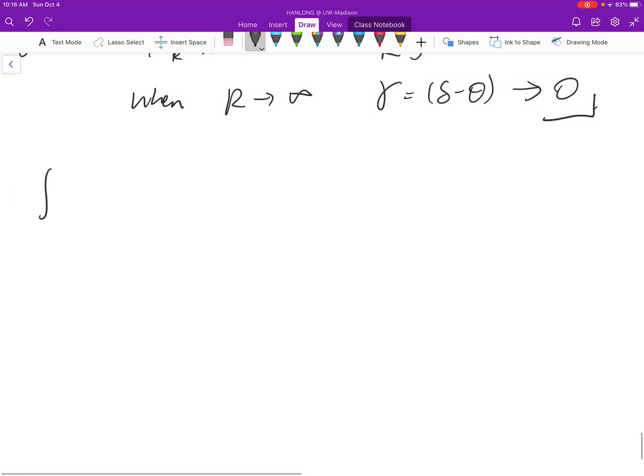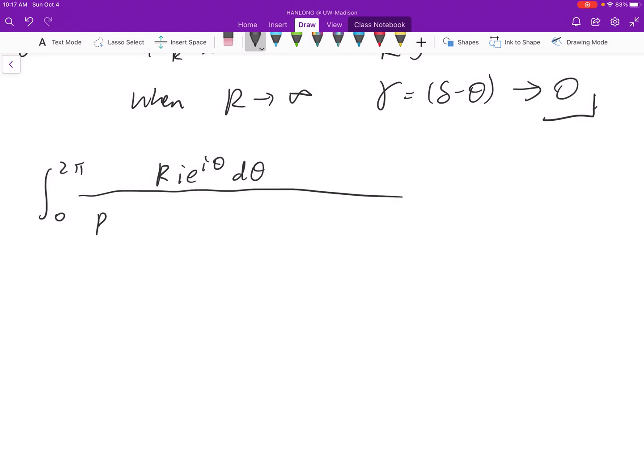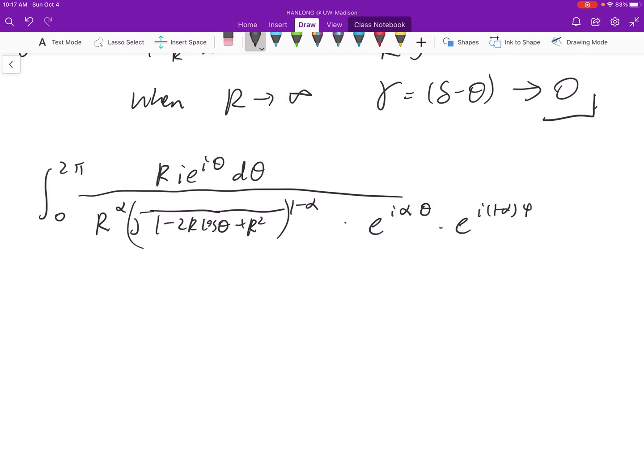So first we can write down in the following form: R e to the I theta d theta, after parametrization, R to the alpha, 1 minus 2R cosine theta plus R squared to the 1 minus alpha, times exponential I alpha theta, times exponential I 1 minus alpha phi.